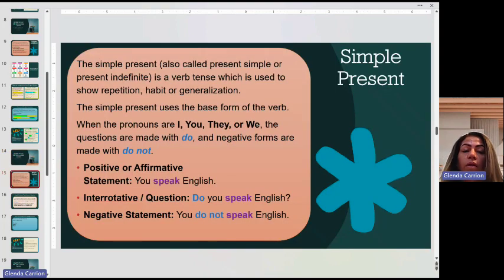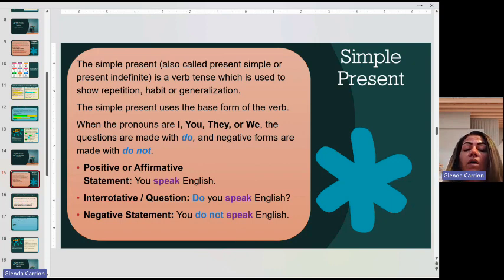First, a review. The simple present is also called present simple or present indefinite. It's a verb tense which is used to show repetition, habit, or generalization. The simple present uses the base form of the verb.